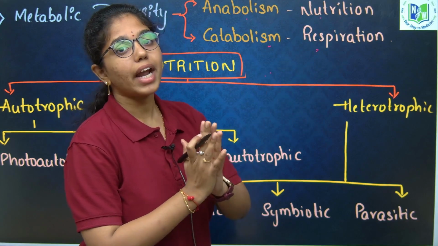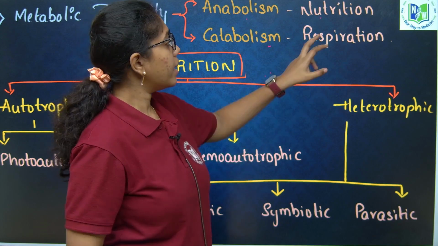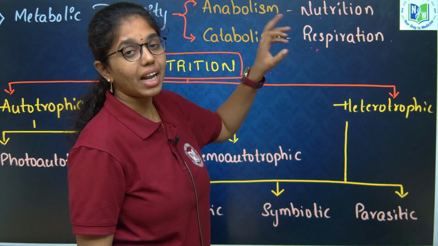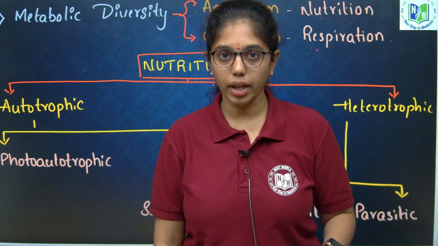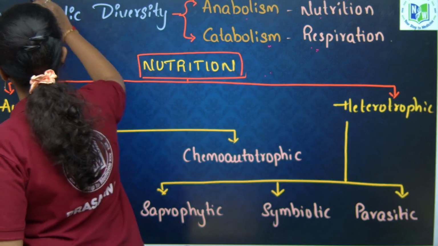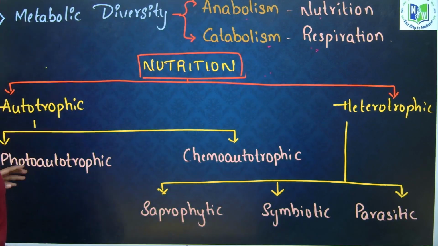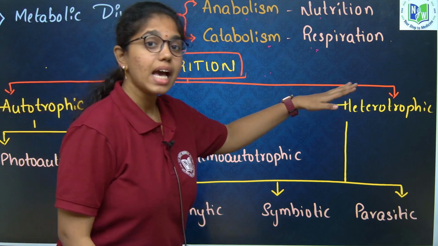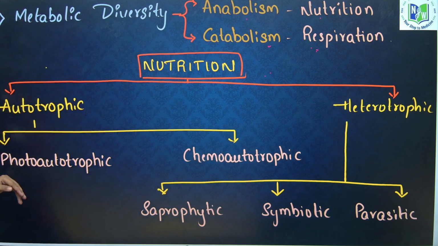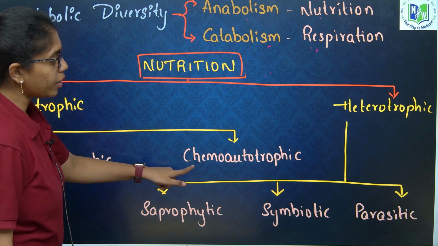Wide varieties of nutrition and different pathways of respiration are conducted by different organisms in Monera. Nutrition is of two types, autotrophic and heterotrophic. Autotrophic nutrition again has two types: photoautotrophic and chemoautotrophic.